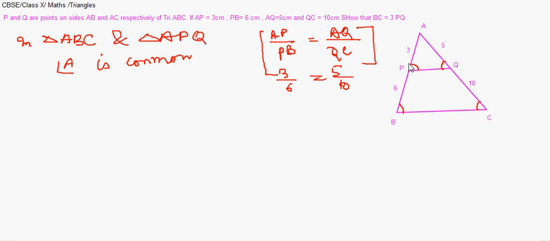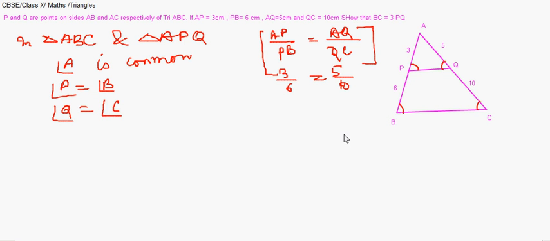In that case, the angles which I have marked will be equal due to being corresponding angles. Angle A is also common. So angle APQ is equal to angle ABC, and angle AQP is equal to angle ACB. So by AAA criterion, we can prove this.